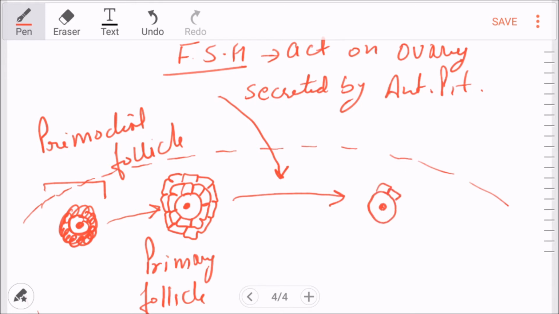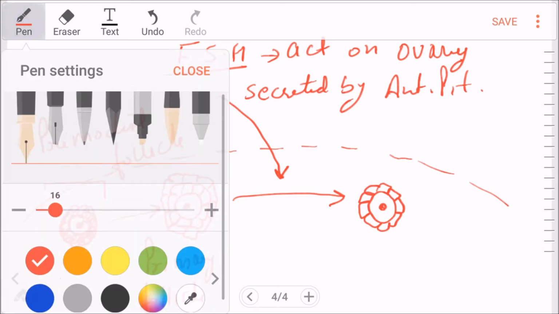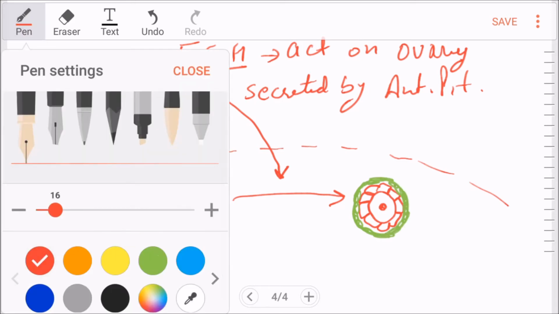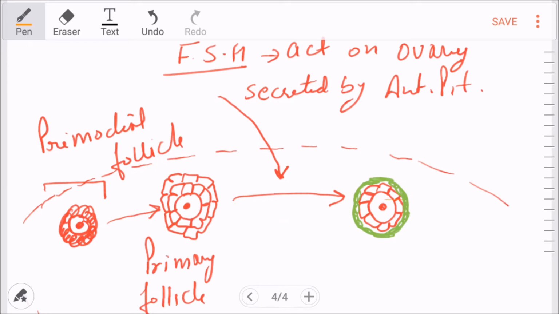Here these are the granulosa cells. When this will be converted, another layer will come into play, that is theca cells, outer layer of the granular layer, and one another layer that will come, that is zona pellucida.